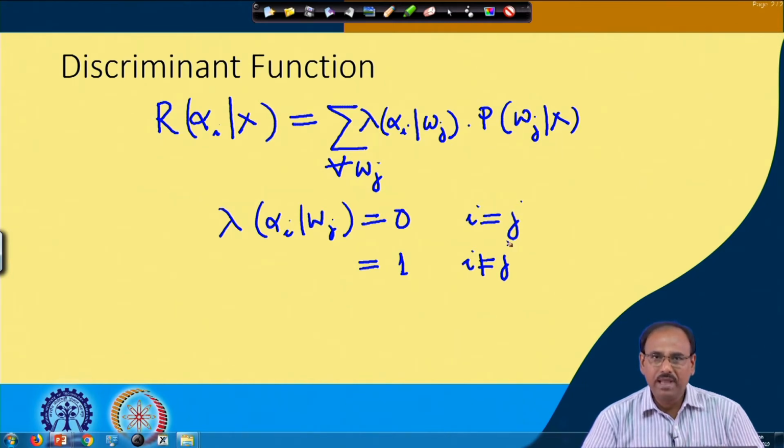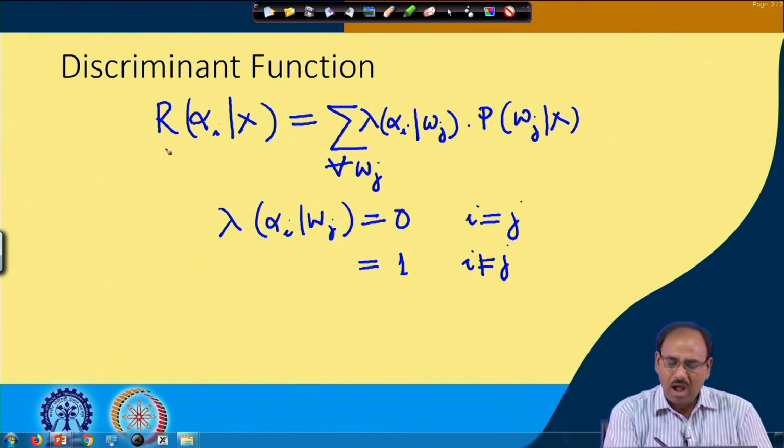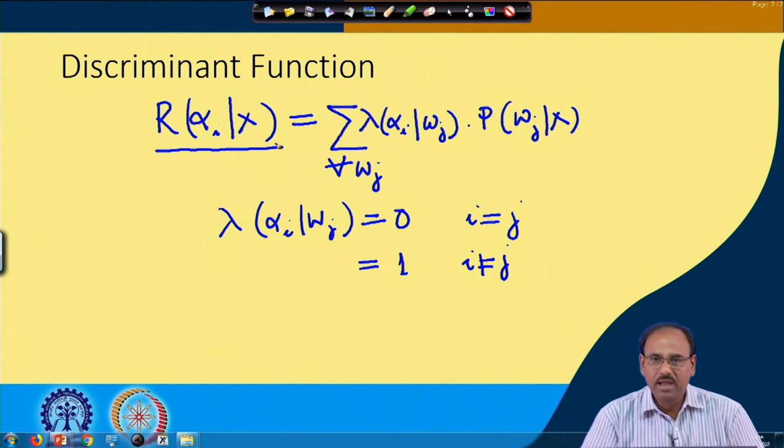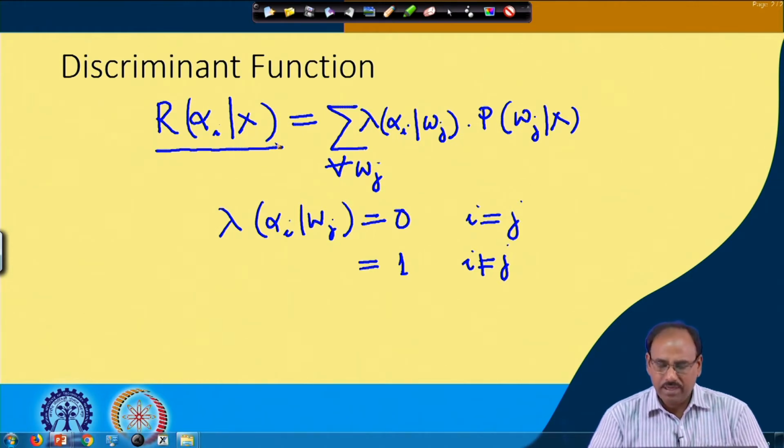Similarly, for Bayes minimum risk classification, for whichever value of i R of alpha i given x turns out to be minimum, or in other words, instead of considering R of alpha i given x, I will consider minus R of alpha i given x.